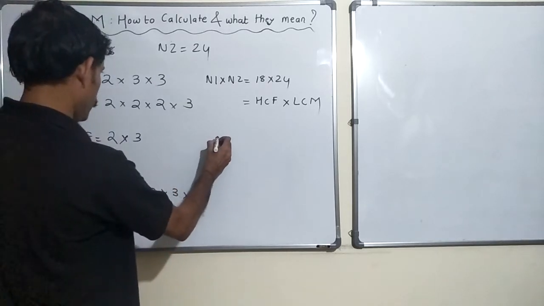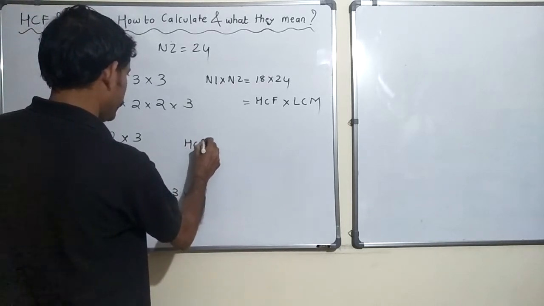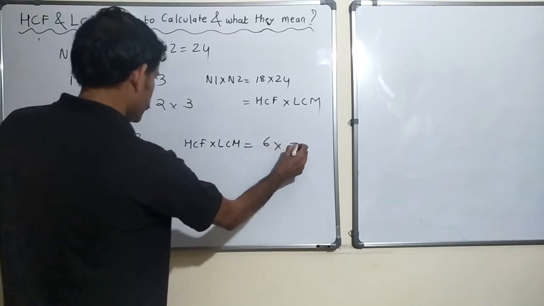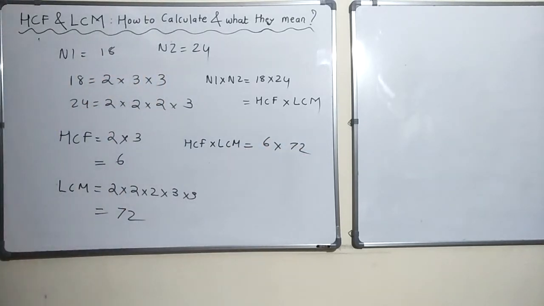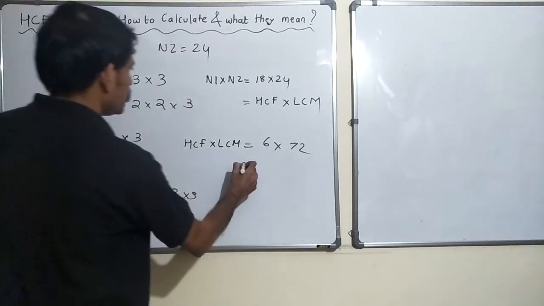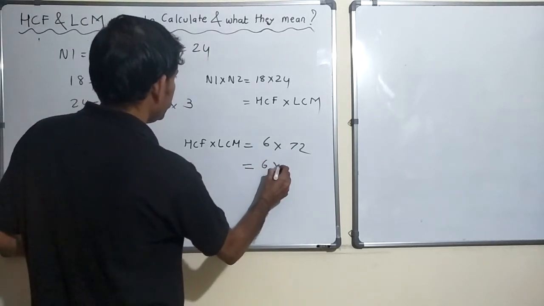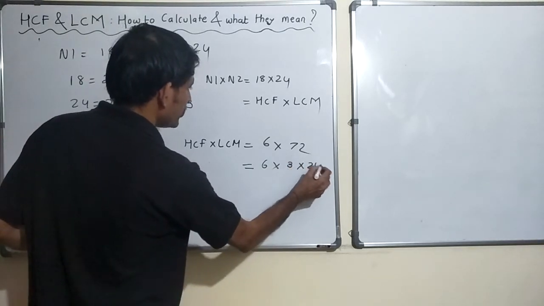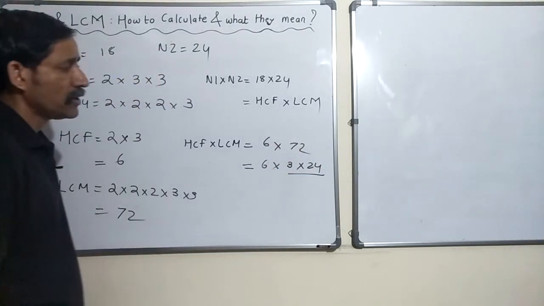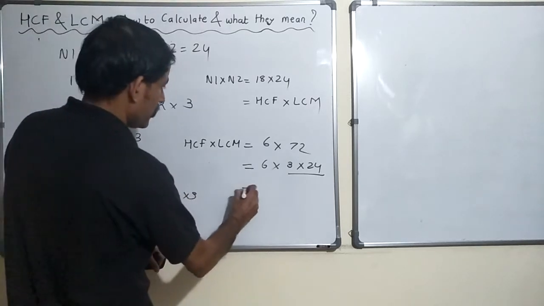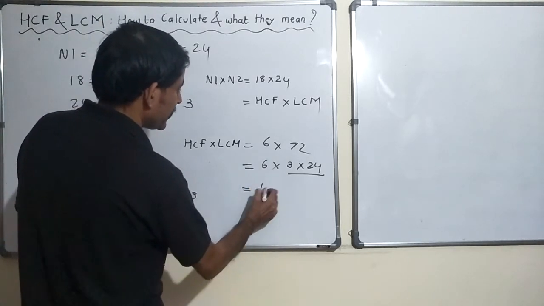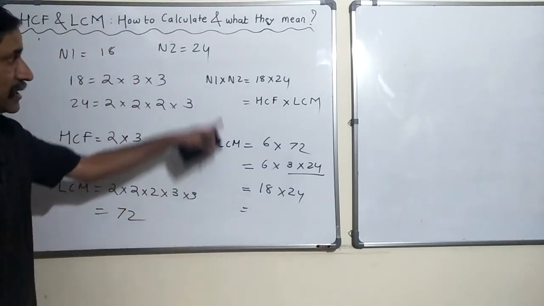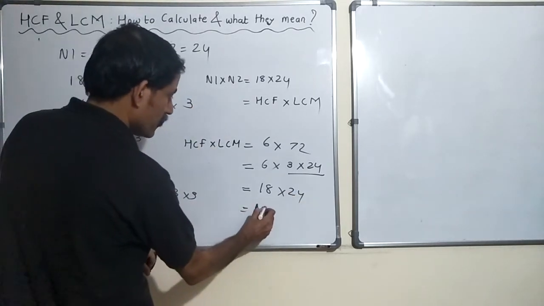So HCF into LCM is equal to 6 into 72. Is that right? That is correct, right? So can I write 6 into 3 into 24? I just split this up into 3 into 24. Okay, good. So I write 6 into 3, 18. I can write, right? Which is nothing but n1 into n2.